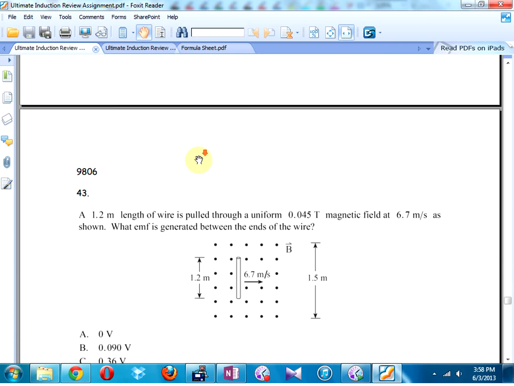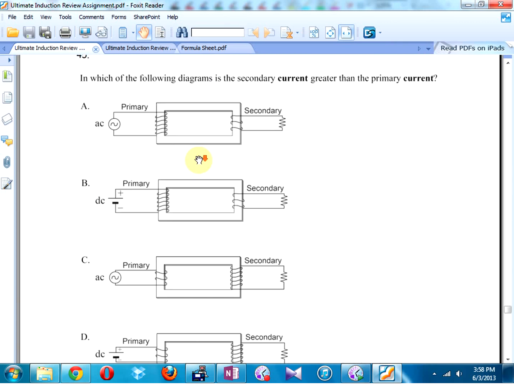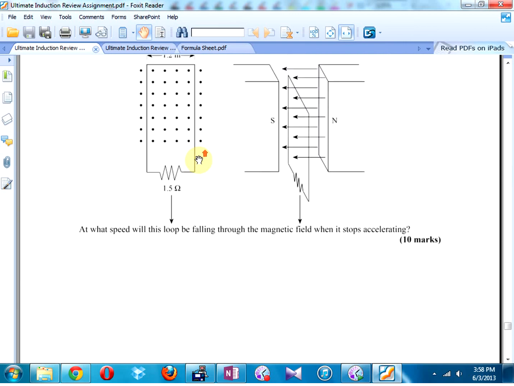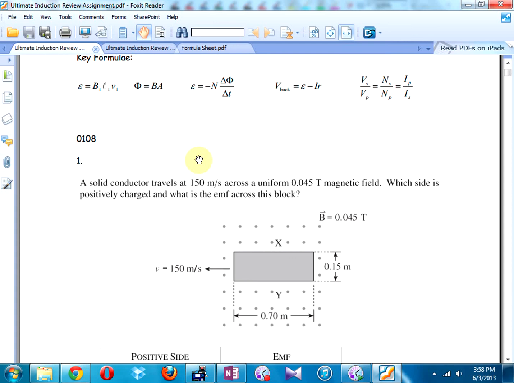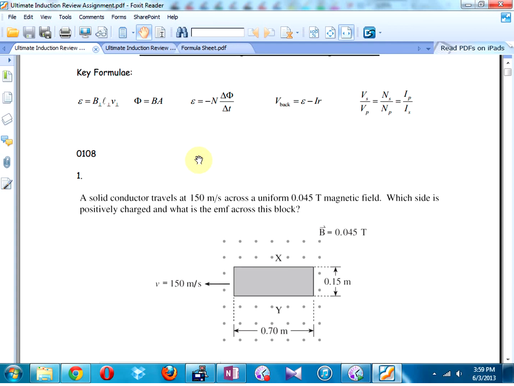I thought I had one like that on there. Of course, I didn't look at page 1 or 2. Oh, yeah, sure. Which side is positively charged here? X or Y? Put a positive right there, moving to the right, magnetic field out of the page.